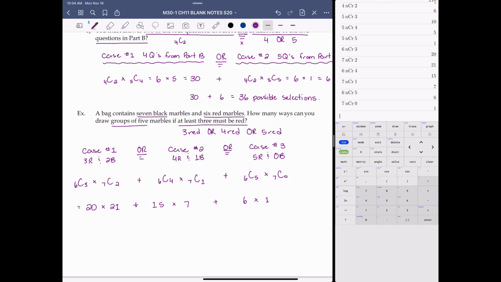And then we continue to calculate. 20 times 21 is 420, plus 15 times 7 is 105, plus 6 times 1 is 6, and then we add them all together. 420 plus 105 plus 6 is 531.